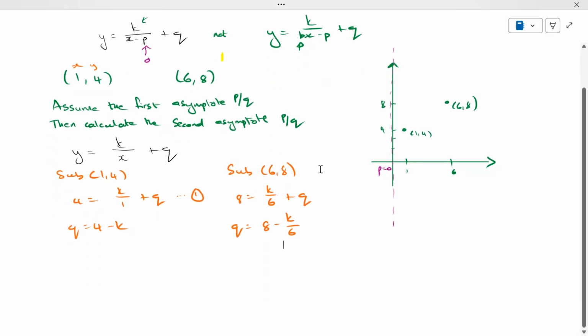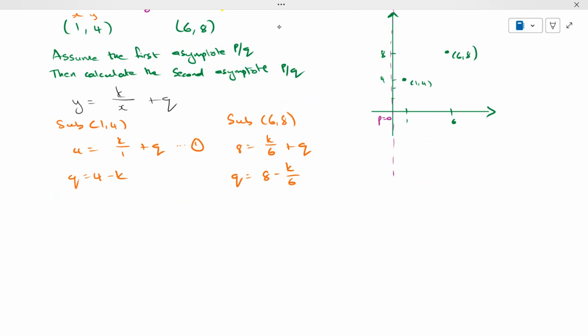Let's scroll down. They're both equal to q, so I'm simply going to equate each of these. Equation 1 is going to equal equation number 2, and so 4 minus k equals 8 minus k over 6. Now we need to solve for k. I'll bring all the k's onto one side, so I'll move this k over to the right. It becomes positive.